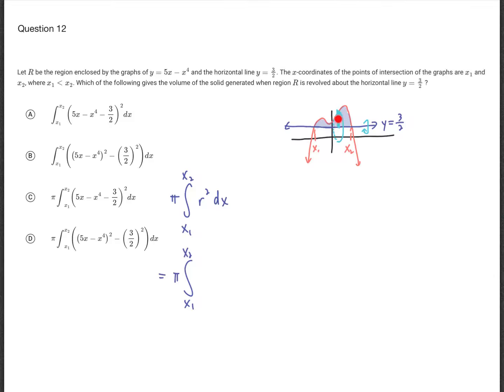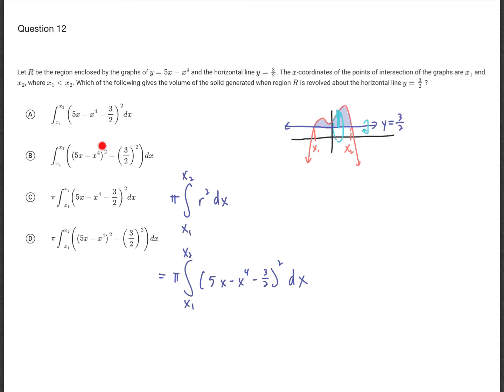So this radius is 5x minus x to the fourth, and then minus 3/2. Then we just square that, and that's it. So that ends up being answer choice C, and that's it.